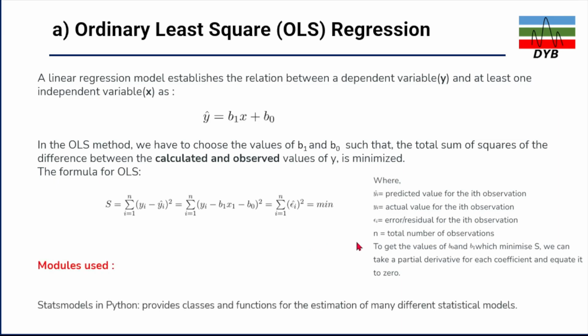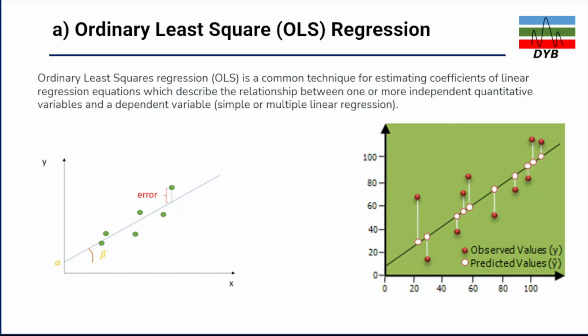Further, what are the modules we use for OLS regression? In Python, we have the statsmodels library, which provides classes and functions for the estimation of many different statistical models, including ordinary least squares regression. Just an example over here.